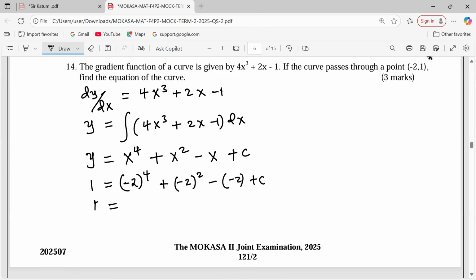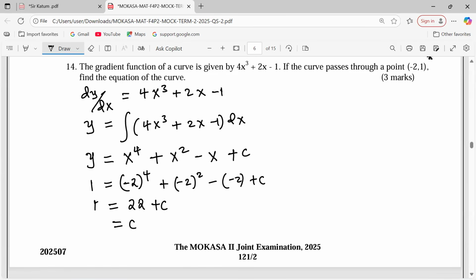Then we add negative 2 squared. Then we subtract negative 2. This is going to give us 22 plus C.